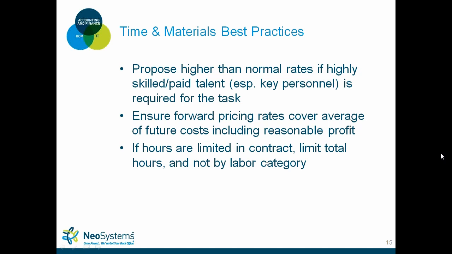And then another best practice for time and material contracts: a lot of times those labor categories have certain limits in the amount of work hours that are proposed. So instead of limiting the actual labor category hours, where you could potentially shoot yourself in the foot, try to limit total hours of the job, not by labor category.